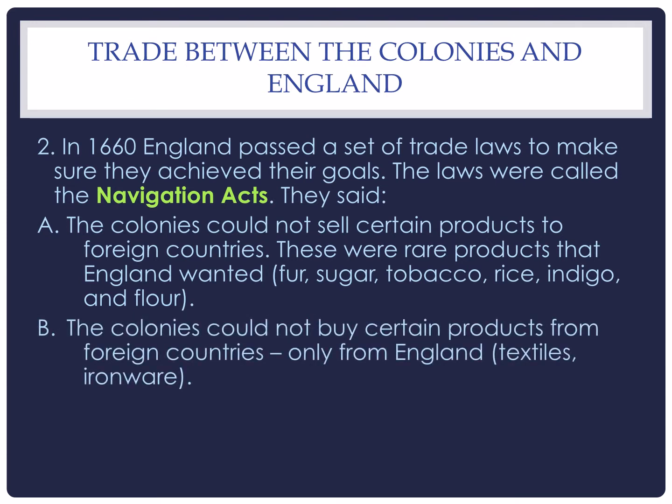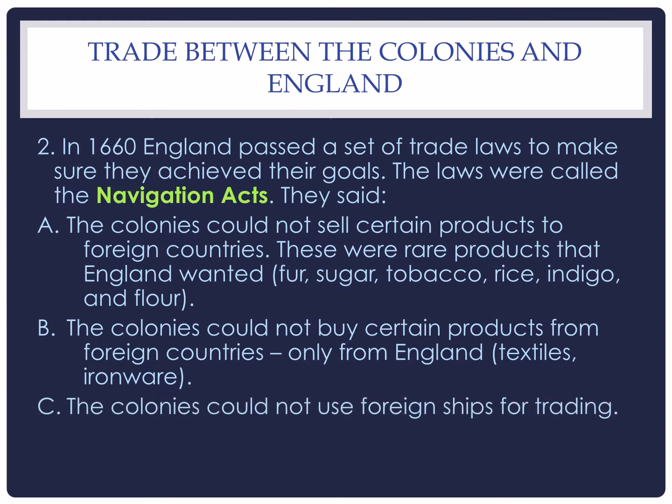Another part of the Navigation Acts said there are certain products that you can only buy from England. You couldn't buy them from foreign countries. You could only buy them from England. For example, textiles and ironware, things that were made in England. The rule was you could only buy those from England. And another rule was that you were not allowed to use foreign ships for trading.